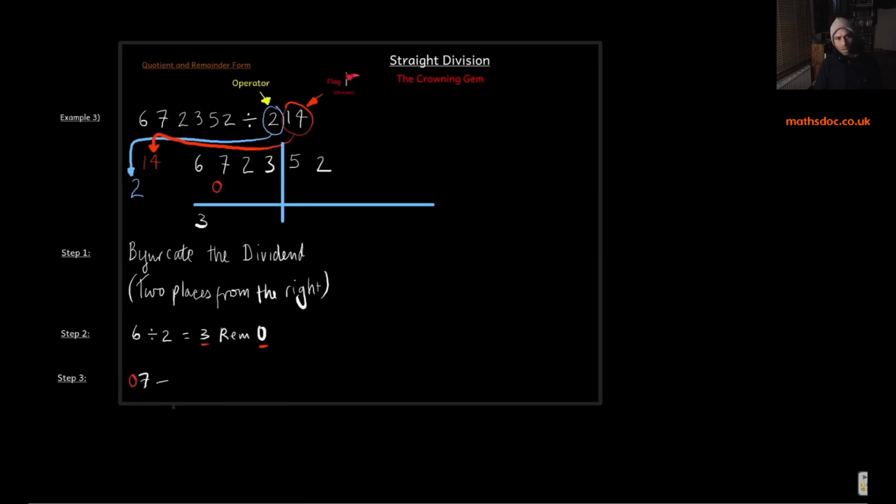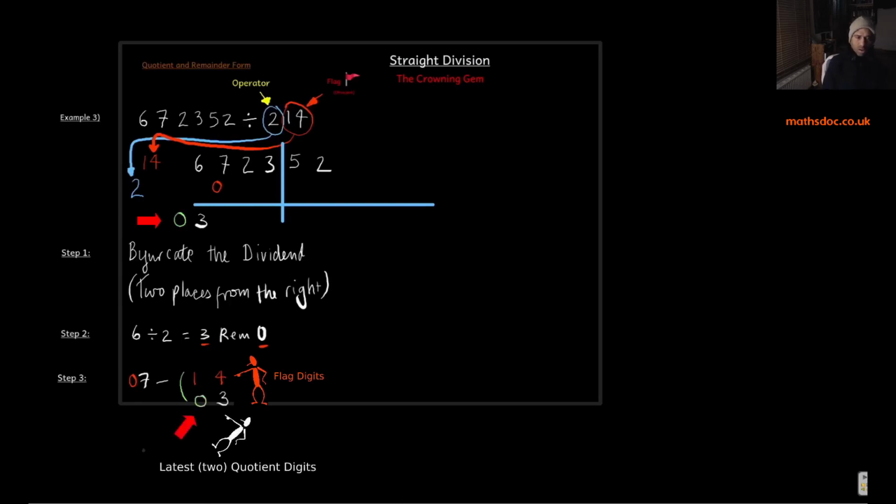We want to take away the flag digits. Now, pay attention to this calculation. We've got flag digits 1 and 4, and then we want the latest 2 quotient digits. That's why we're putting a 0 before the 3.